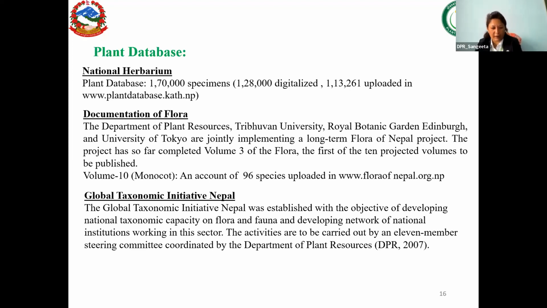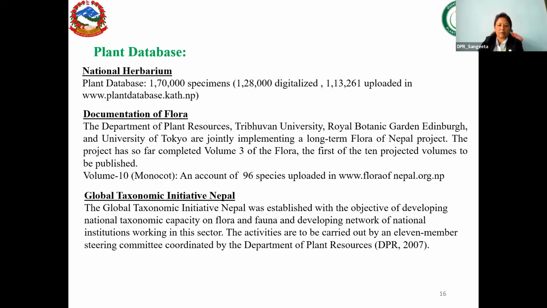The other initiative is Global Taxonomic Initiative Nepal. The Global Taxonomic Initiative Nepal was established with the objective of developing national taxonomic capacity on flora and fauna and developing a network of national institutions working in this sector. The activities are to be carried out by an 11-member steering committee coordinated by the Department of Plant Resources.